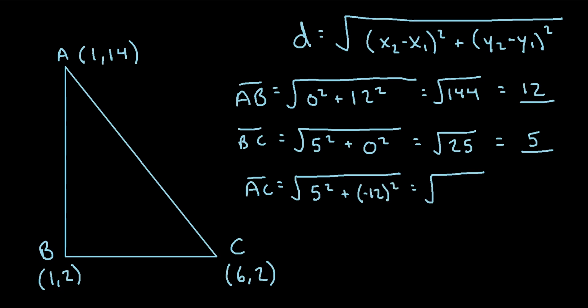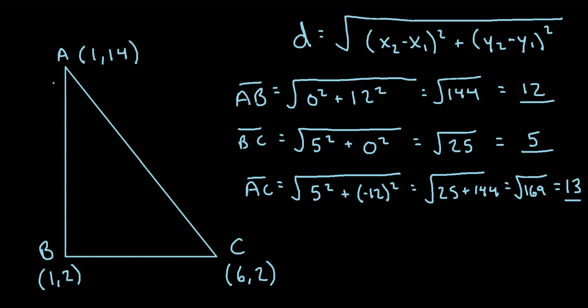So let's see what we get. 5 squared is 25, plus negative 12 squared, that's negative 12 times negative 12, that's a positive 144. So when we add 25 plus 144, we get the square root of 169, and that turns out to be 13, if you punch that into a calculator, or if you just happen to know the square root of 169.